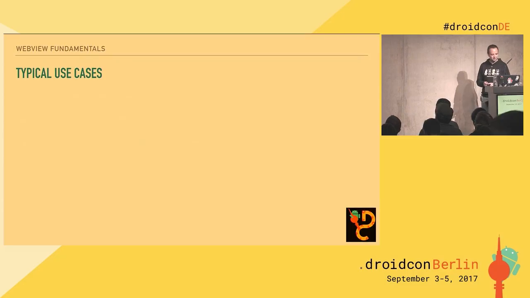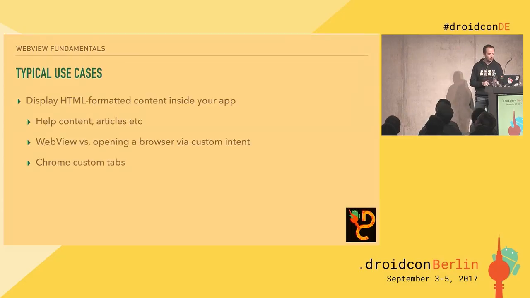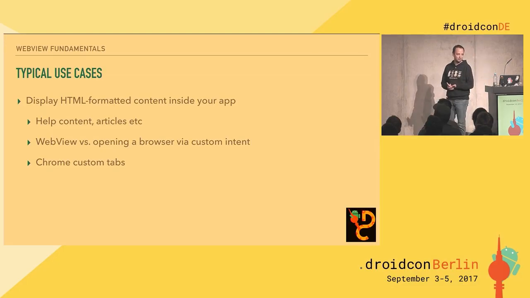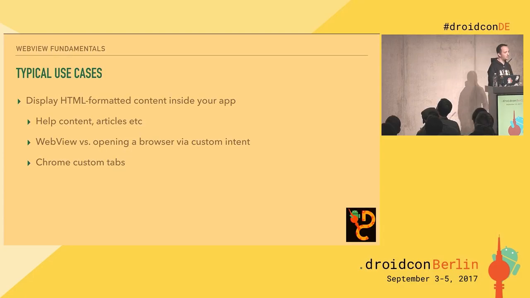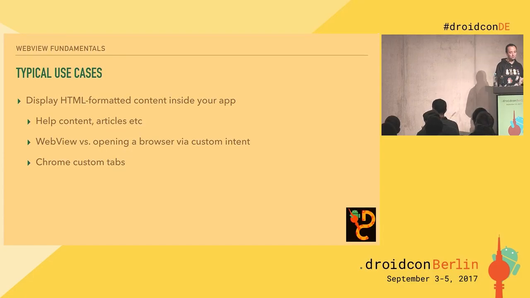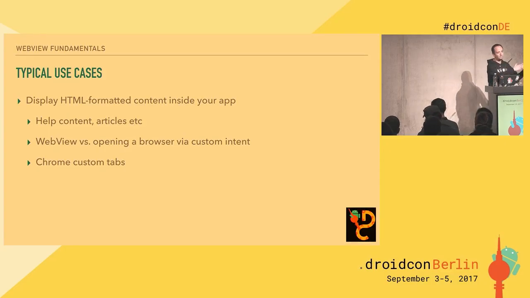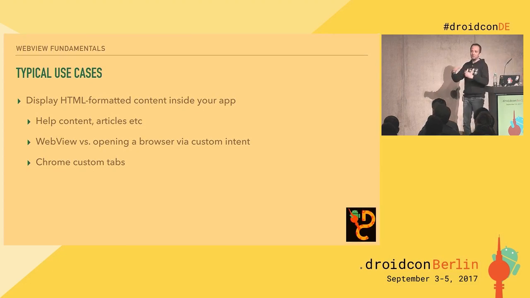Typical use cases, and there are good use cases, just to make sure we're on the same page. The best use case for the Webview, from my point of view, is you use it as a component, right? You have HTML formatted content, for example, help content, some articles, pre-formatted data you're getting from a database somewhere that comes as HTML, and you basically want to show that in your app.